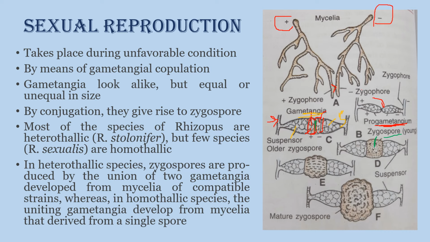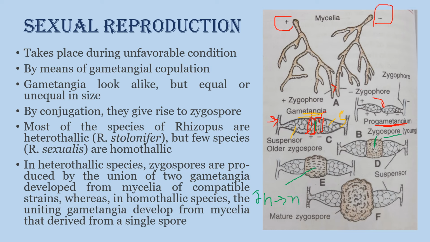It has been postulated by certain scientists that after a period of rest, the content of the zygospore undergoes reduction division, that is meiosis, where the diploid zygospore is converted to haploid, that is from 2n to n.